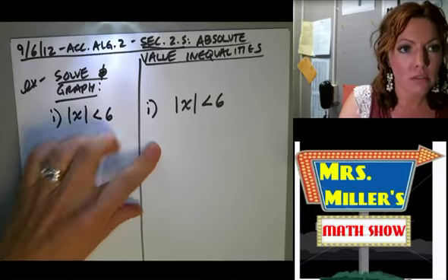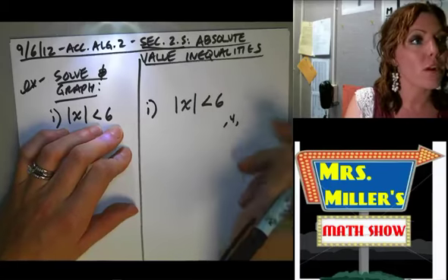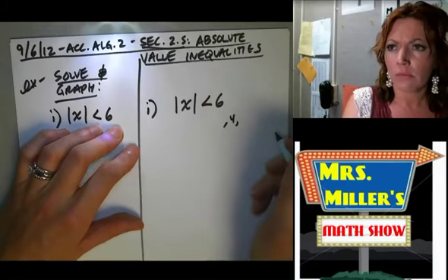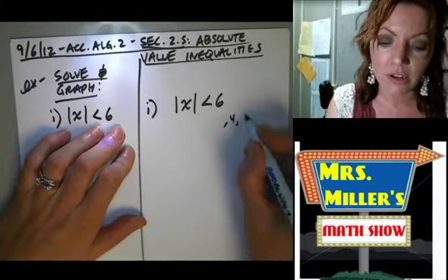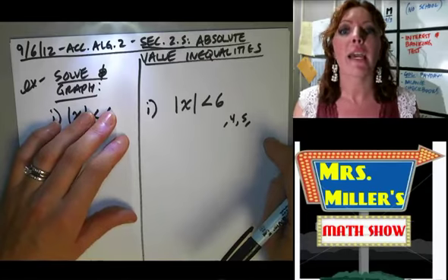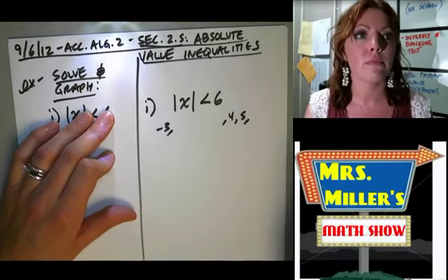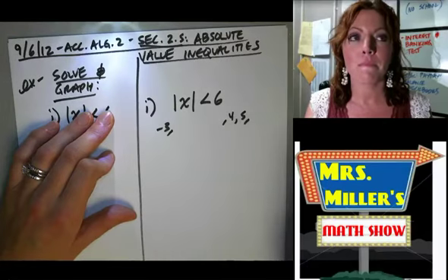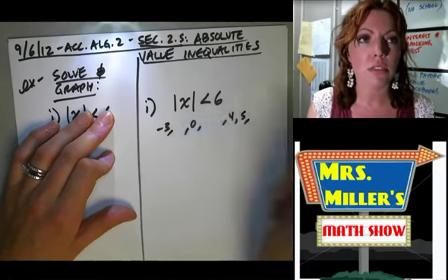Stacy? 4? Okay, 4 would work. I'm going to make a list here. What other numbers would work? Jade? 5. Good. Oh, nice, I like the projection. Okay, what else? Yeah, Kendra. -3. What else? How about 0? Does 0 work? What else?